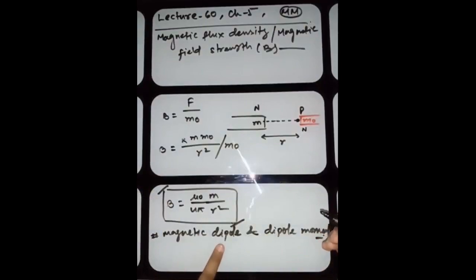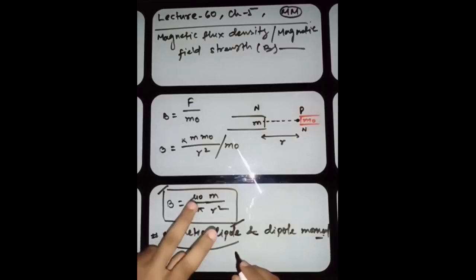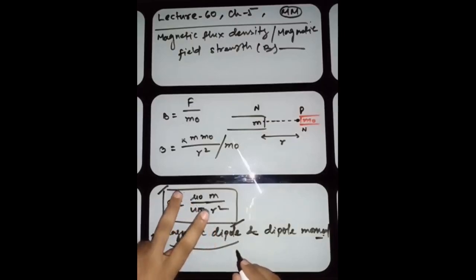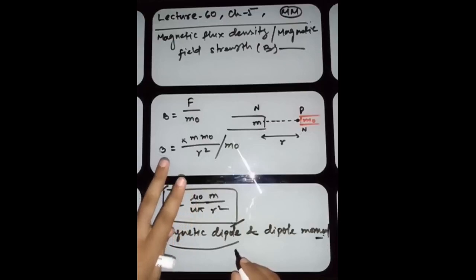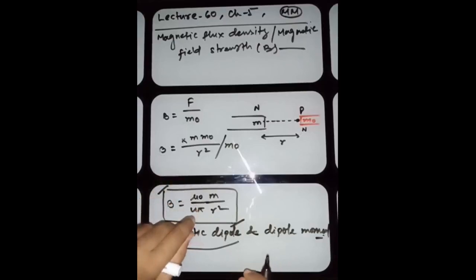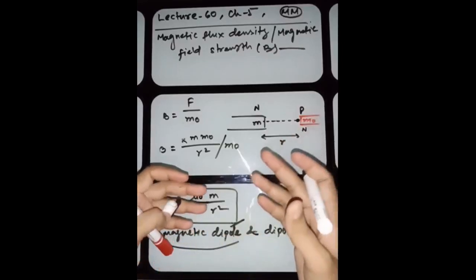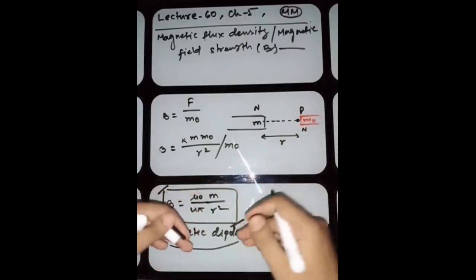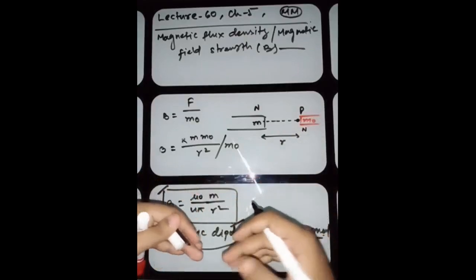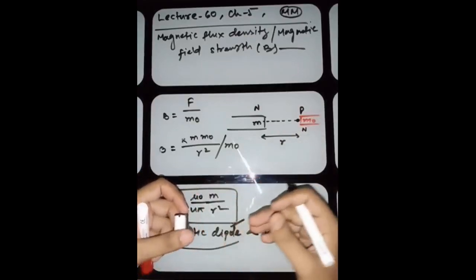Magnetic dipole, actually, is a system. It is the system of two poles of equal strength and opposite in nature, separated by a finite length, called the magnetic dipole, as we have studied the electric dipole. In a similar way we can express this magnetic dipole.